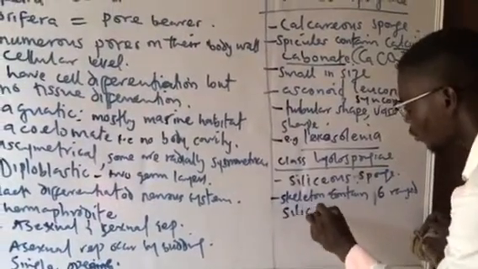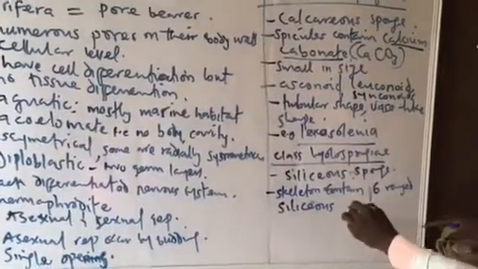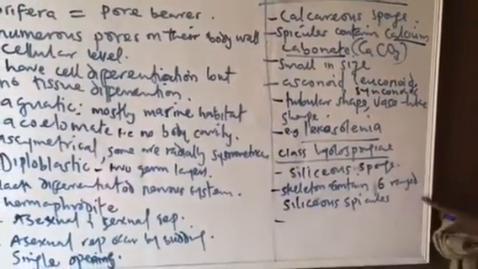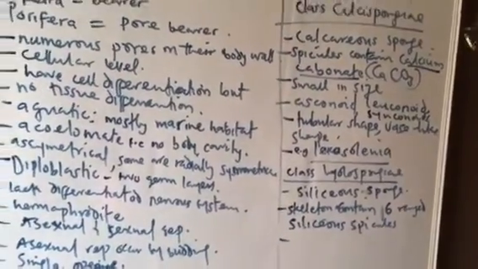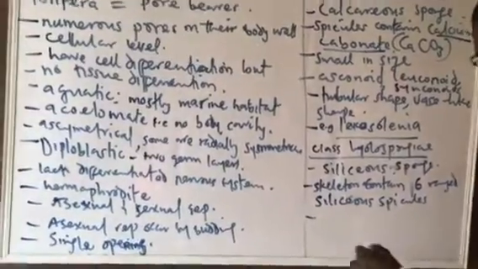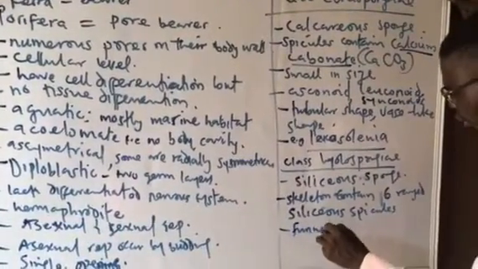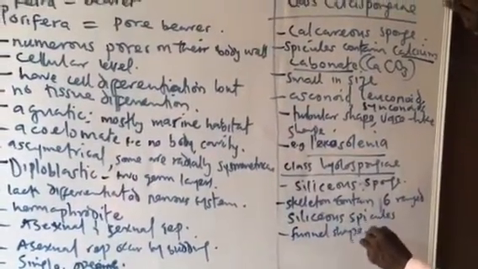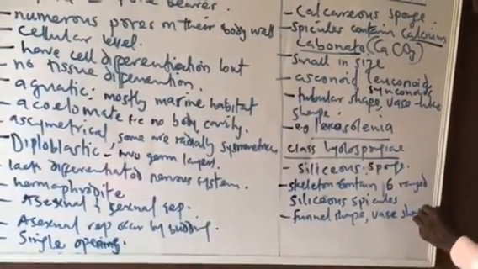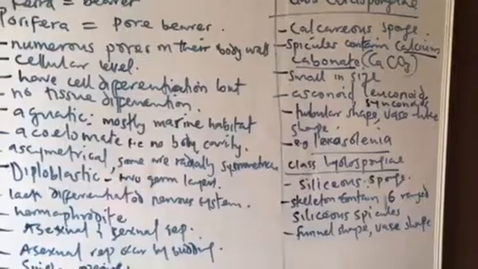So we have siliceous spicules. And this group also ranges in size. They are small, but they have different forms. Some can be funnel shaped, while some can be vase shaped. So we have various shapes.